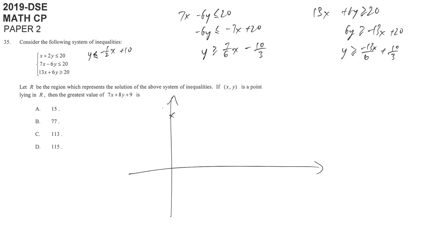The first position starts from 10 and then the slope is negative 1 over 2. So this should be 20. This is the first line.